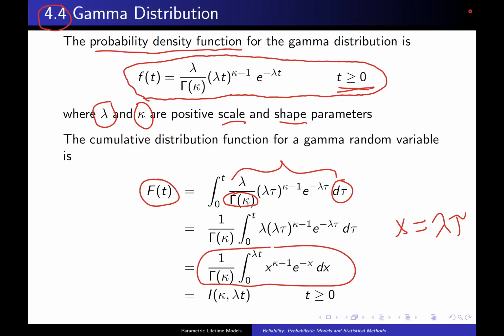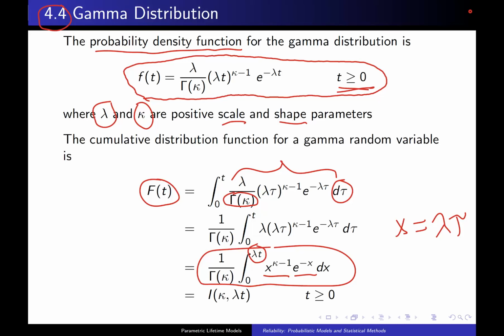You'll recognize the integrand with the e to the minus x and the x raised to the kappa minus 1 power as very close to the gamma function, except the limits are not from 0 to infinity. They are instead from 0 to lambda t.